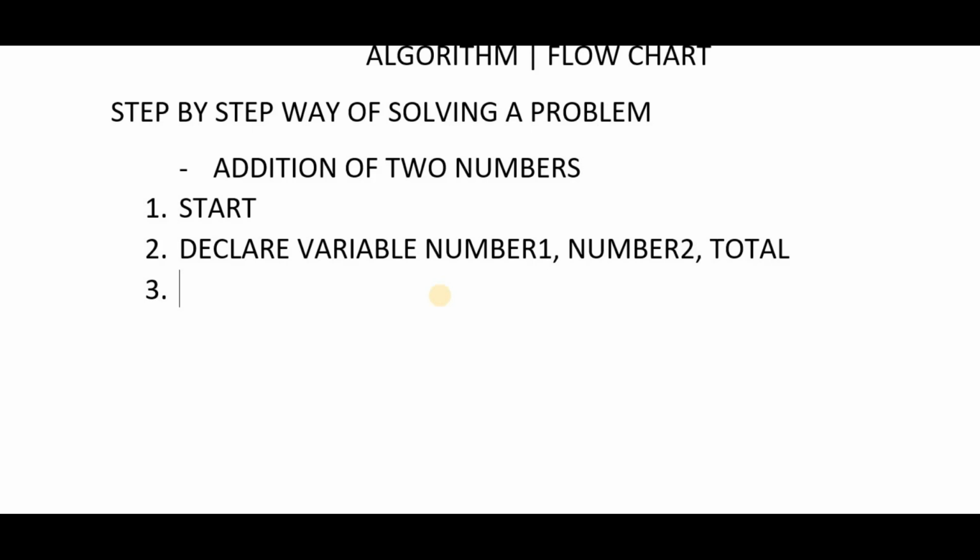Variables are like that, and they can be changed or updated. So we've declared our variables: declare variable number one, declare variable number two, declare variable total. So we are done with that.